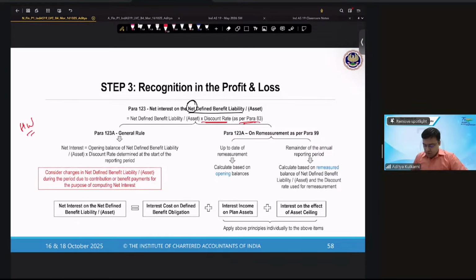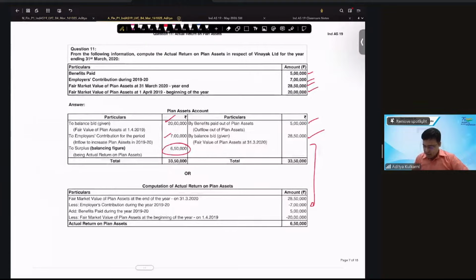So net interest is equal to opening balance of net defined liability multiplied by discount rate. What is your net defined benefit liability? This is nothing but liability minus assets. So on liability, when you apply the discount rate as interest, on assets also you will apply the same discount rate. So that is why we are using the discount rate.